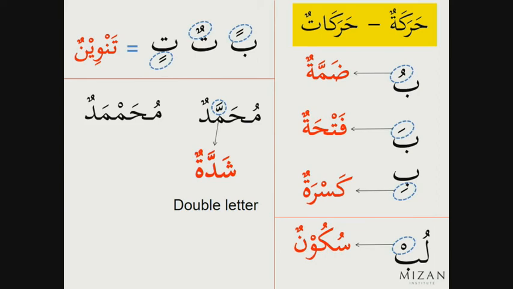In other words, the first one has a sukoon, so you say Muham, the sound stops, and then the sound moves: mad. Say it. Muhammad. Again. Muhammad. You're stopping the sound and then pushing the sound, making it stop and move. That's called a shadda.